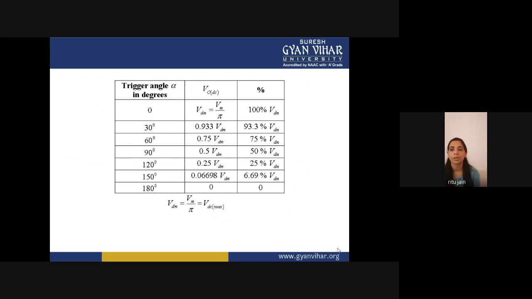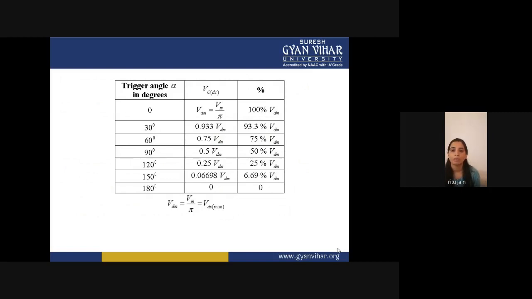At 90 degrees, the output voltage will be 50%. At 120 degrees, the output voltage will be 25% of your input voltage. At 150 degrees, the output voltage will be 6.69%. And if alpha is equal to 180 degrees, then the output voltage will be 0.